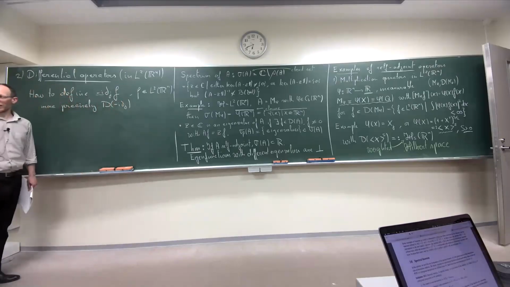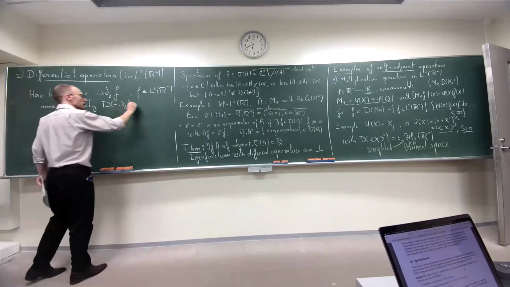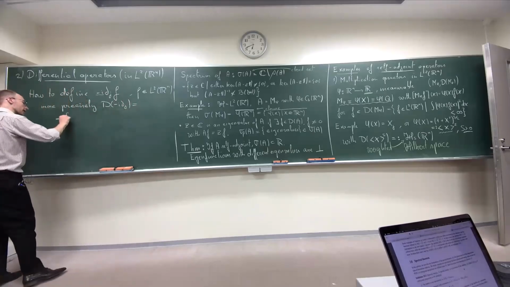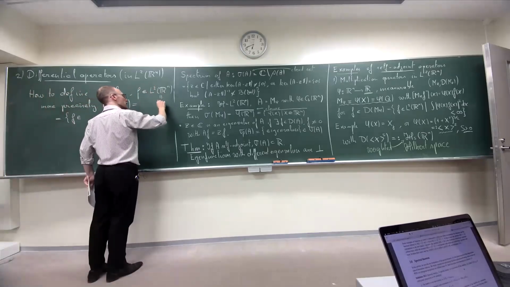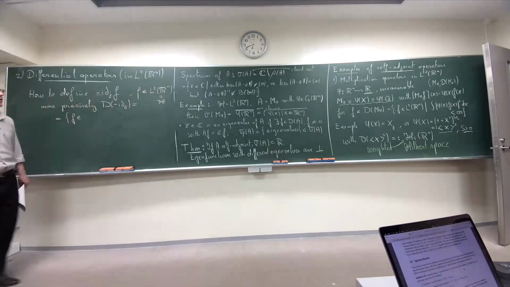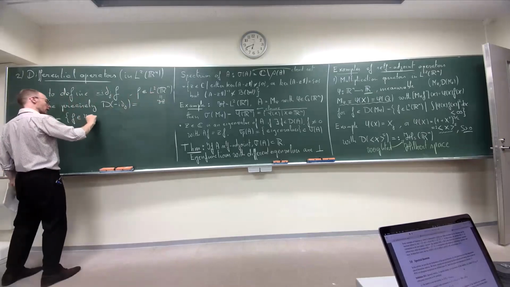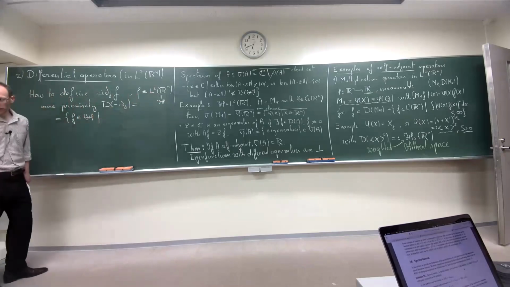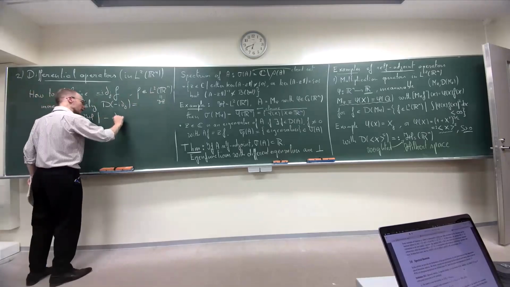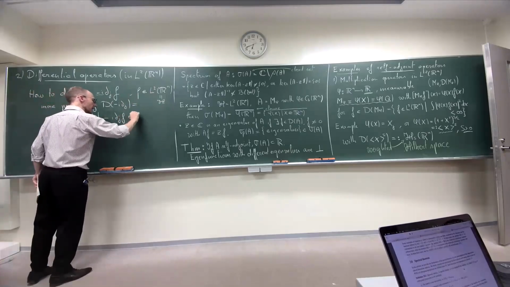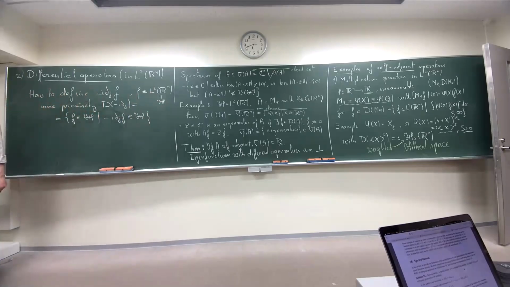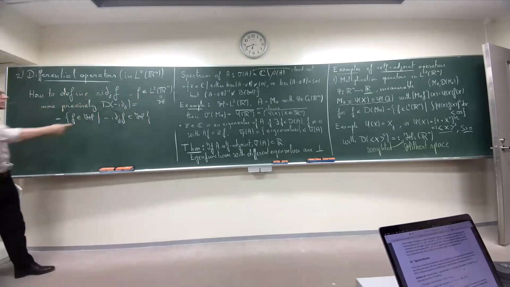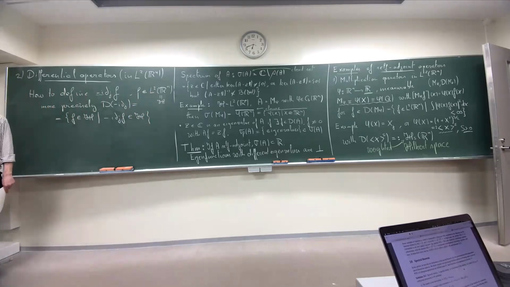The domain of this, by definition, should be the set of f in, let me just call it H for simplicity, but it is L2 of Rn, the set of f in H such that minus i d_j f is again in H. This is by definition the domain on which you can define this operator.